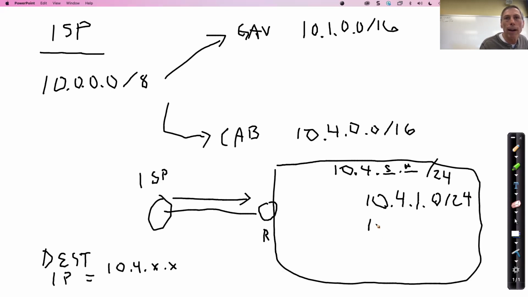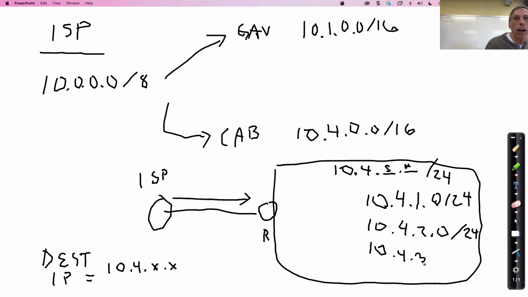We have a 10.4.2.0/24. We have all these subnets. We took our 65,000 barrel of apples and divided it into smaller baskets of 254 each.